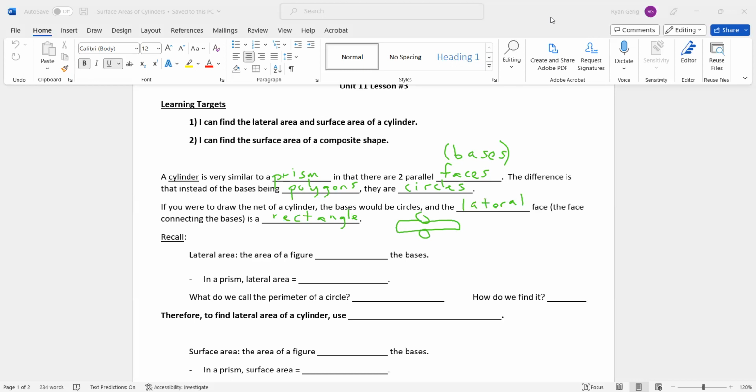Recall from the last lesson that the lateral area is the area of a figure without the bases. In a prism, the lateral area was Ph, the perimeter of the base times the height of the prism. What do we call the perimeter of a circle, though? Well, we call that the circumference.